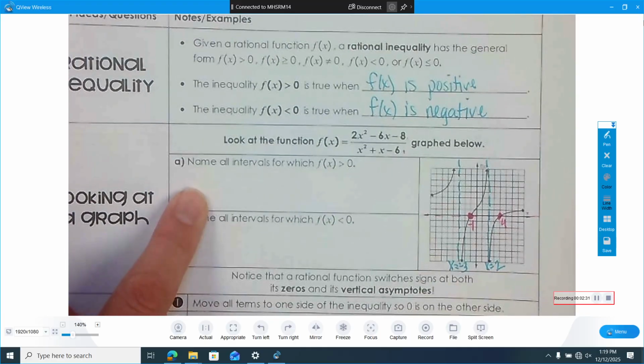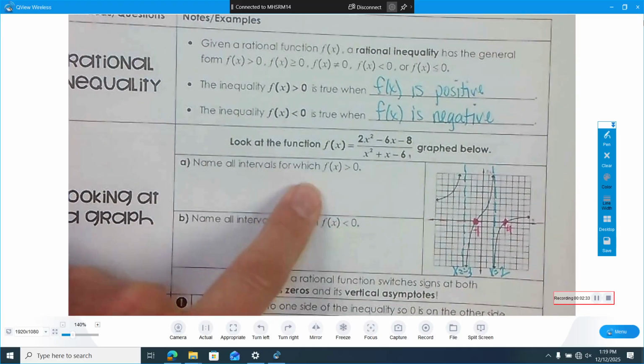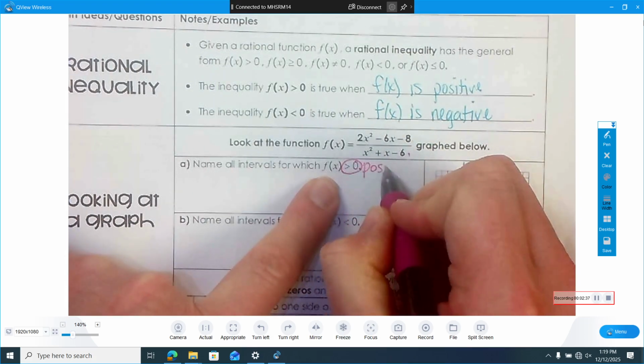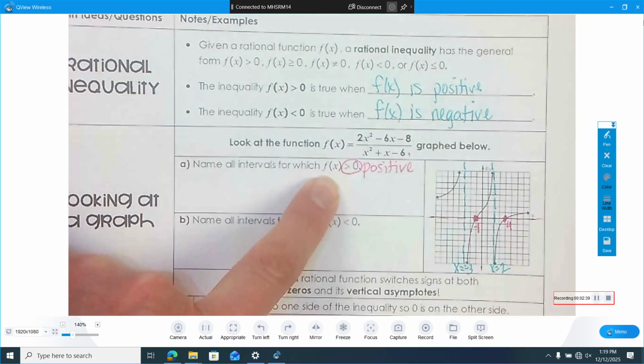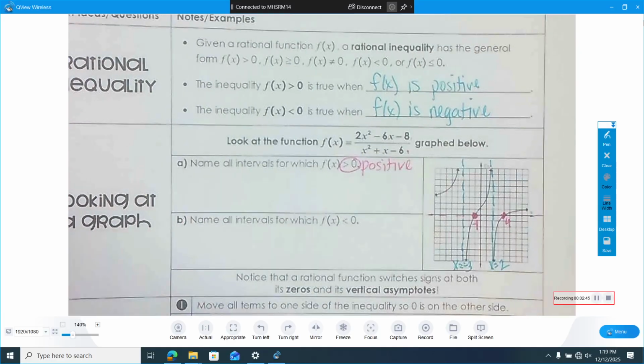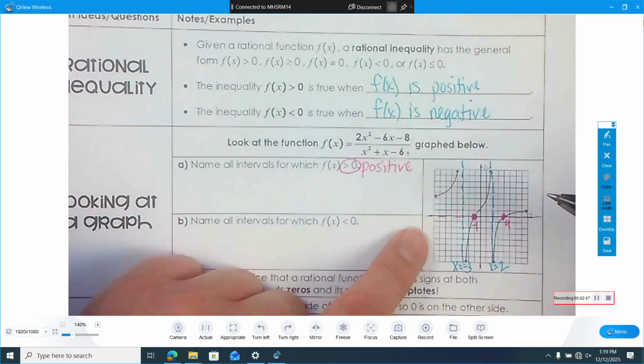Okay, so looking at this function, name all the intervals for which our function is greater than 0, which means positive. What are the intervals where this graph is positive? Positive means above the axis.